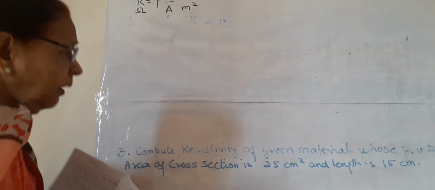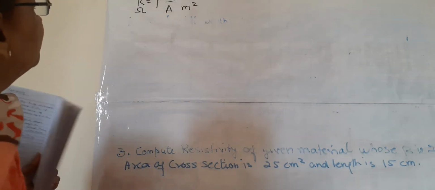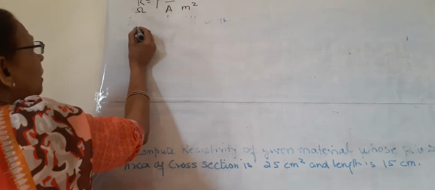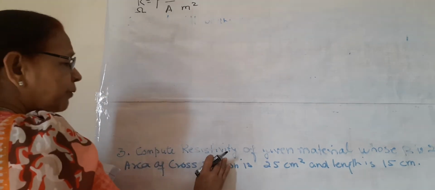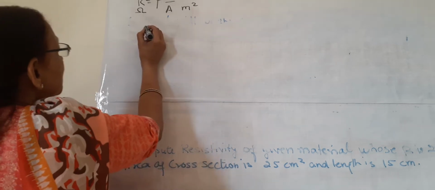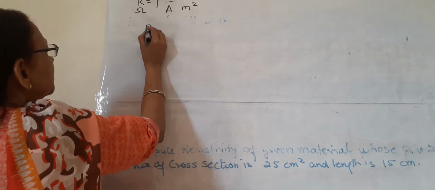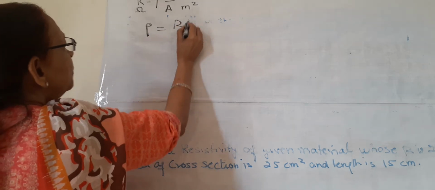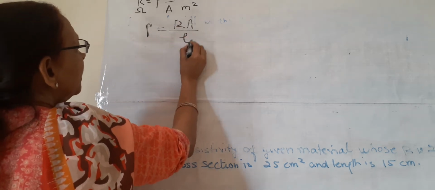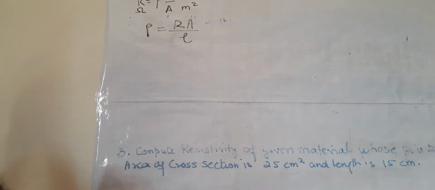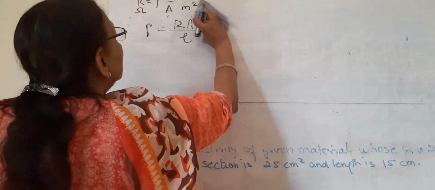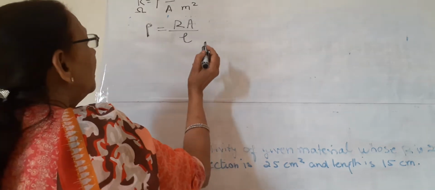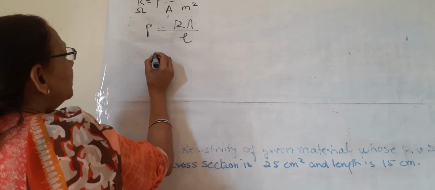So we will do the formula we know. R is equal to rho L by A, but we have to compute resistivity. So the formula for computation of resistivity is rho is equal to RA upon L. All of you know this? So we have to calculate this.